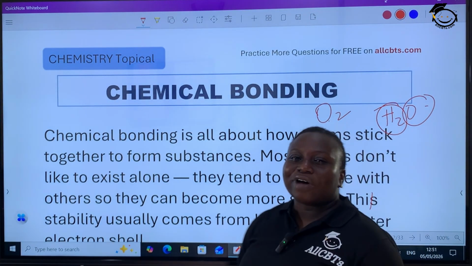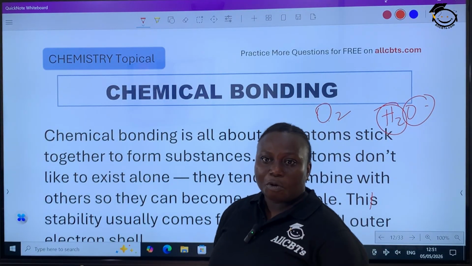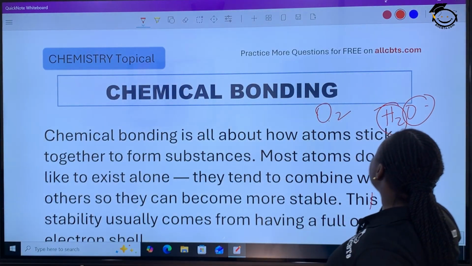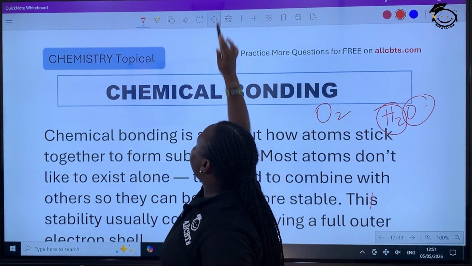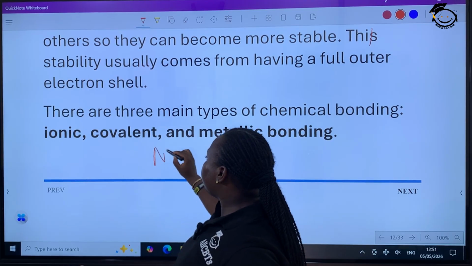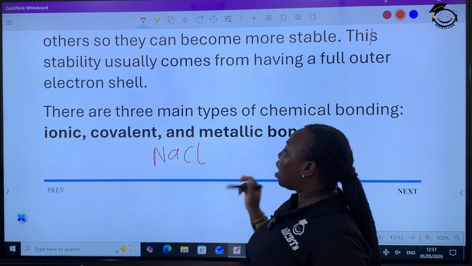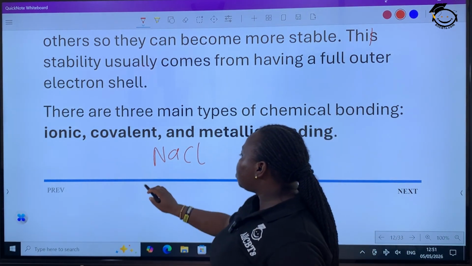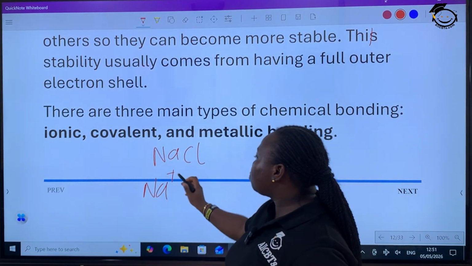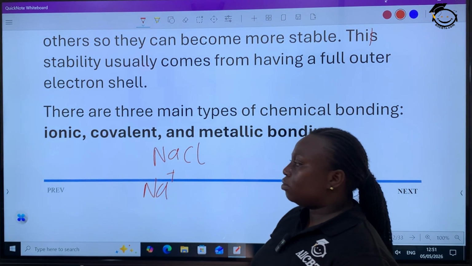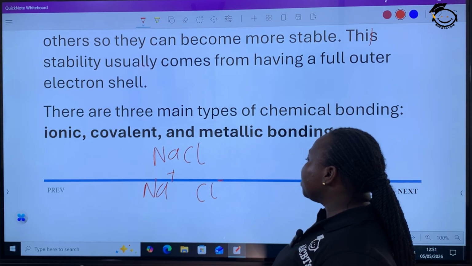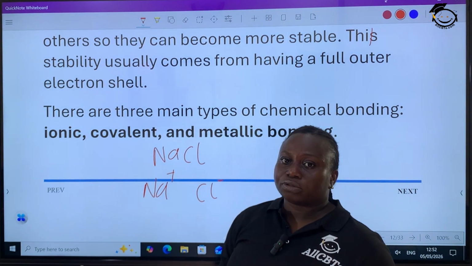Now, if you look at most of our elements on their own, for example, let's look at the famous sodium chloride, our table salt, which is NaCl. The NaCl is a combination of sodium and chlorine. Normally, sodium is positively charged, which means that it will give out one electron, while Cl is Cl minus, which means that it will gain one electron.